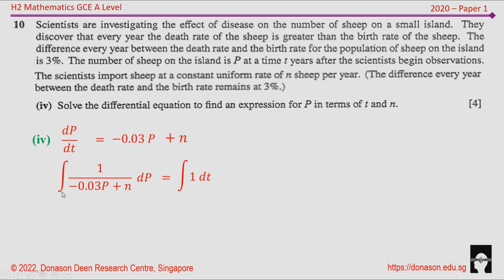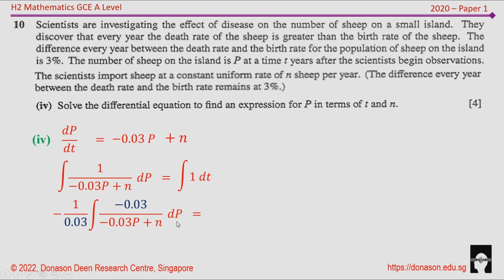However, when we differentiate negative 0.03p, we should have a negative 0.03 in the numerator. So what I'm going to do is, outside I'm going to put negative 1 over 0.03, so that on the numerator, inside the integral sign, I can introduce a negative 0.03. So you can see, negative 0.03 cancels with the negative 0.03, and it's the same as this step.